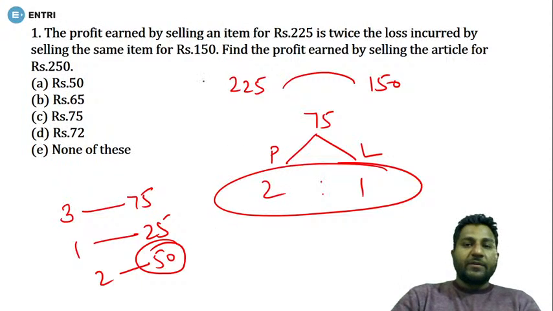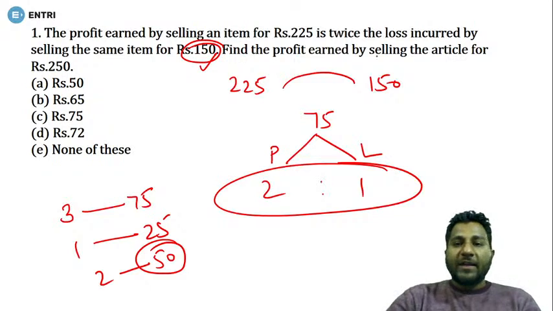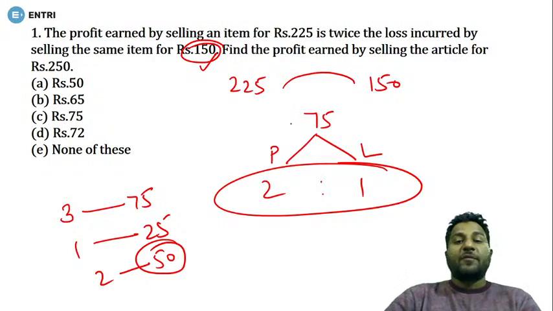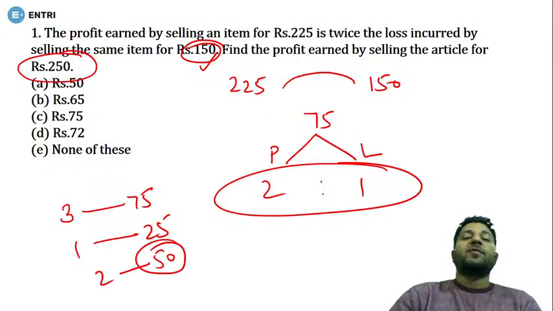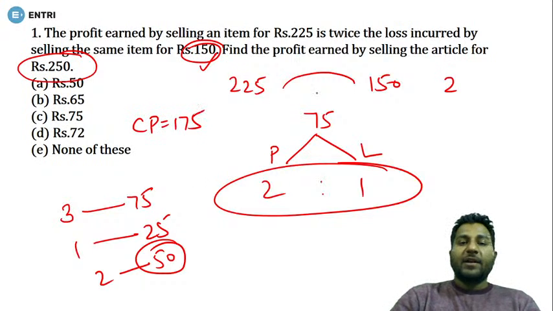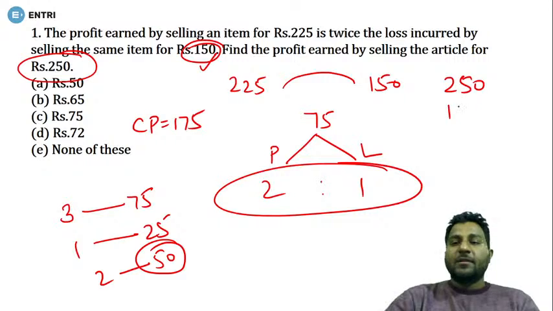No, why is it 175? It is given as 150. Okay, find the profit earned by selling. They are asking to find the profit earned by selling the article at 250. Alright, I had not seen that. So the cost price was 175. That means if you are selling at 250, your answer must be 75.